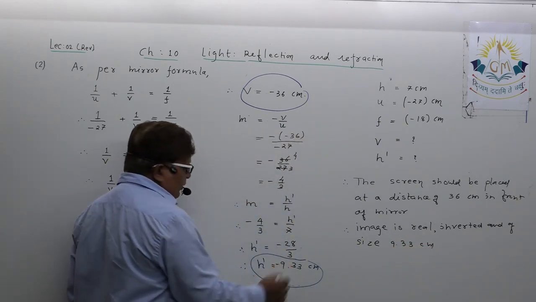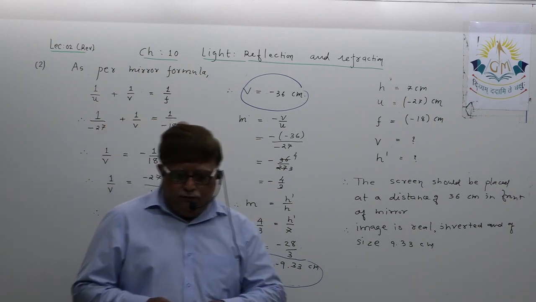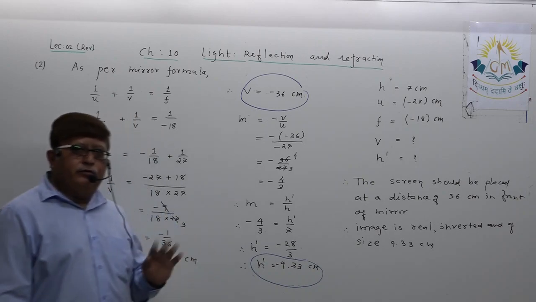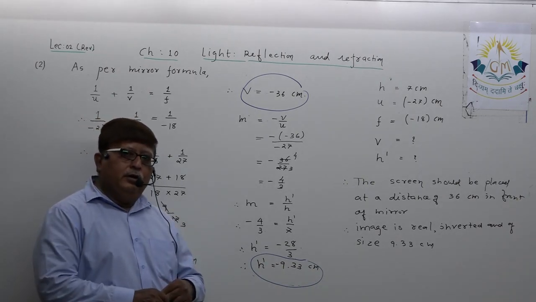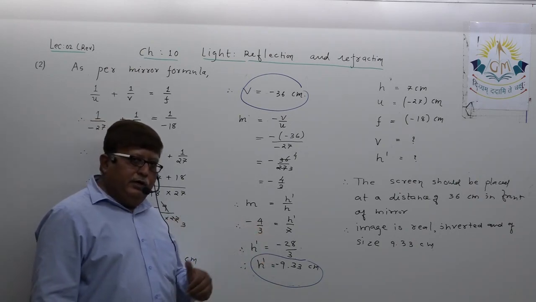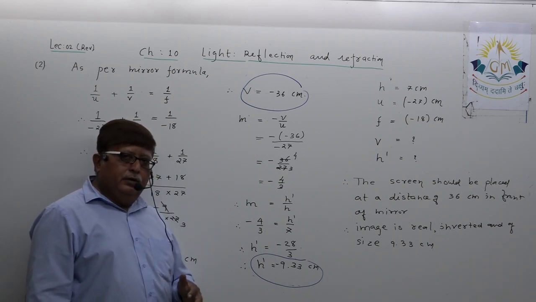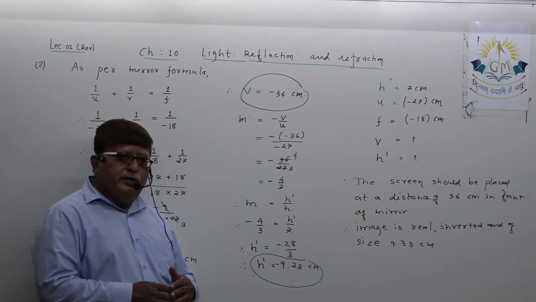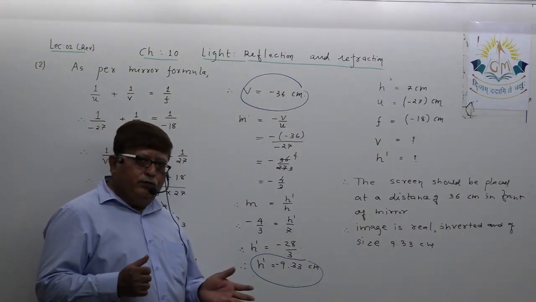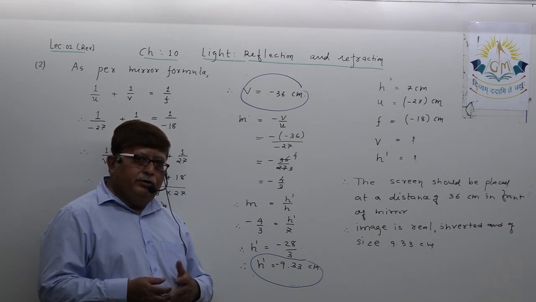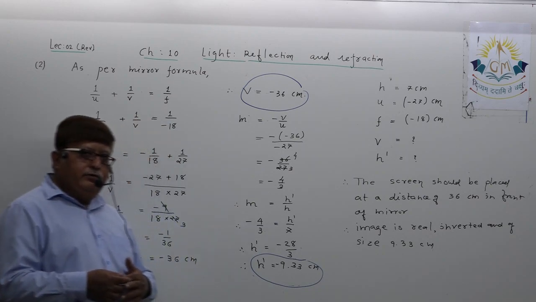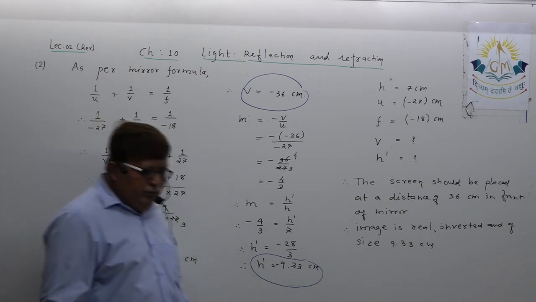Here you may place a negative sign, but in the final answer don't place any negative sign. You understood this? So two examples regarding the concave mirror that we have just now done. Now a few more examples we are going to target in our next lecture. Okay, thank you very much.